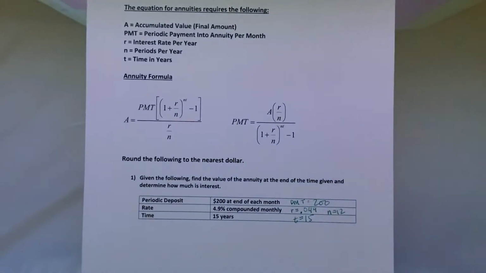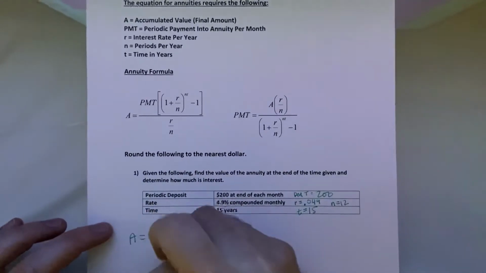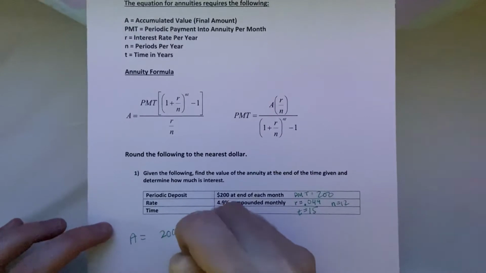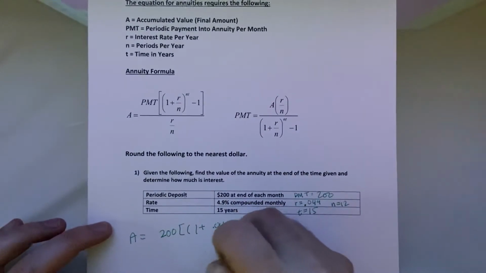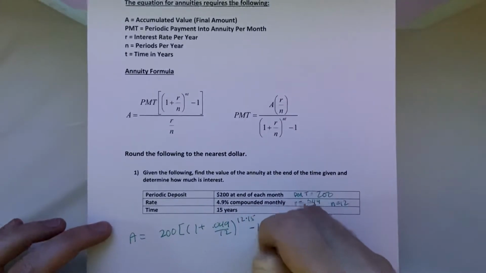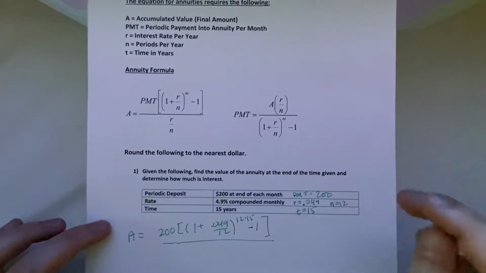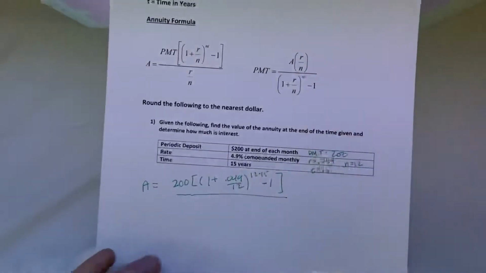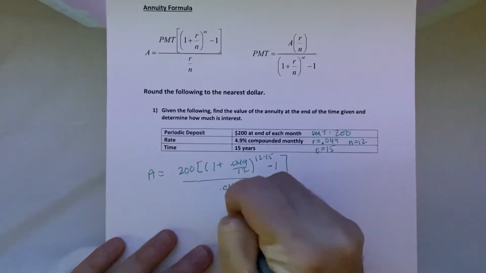Okay, so my A is equal to 200 times 1 plus 0.049 over 12 to the 12 times 15 minus 1 all over the same 0.049 over 12.